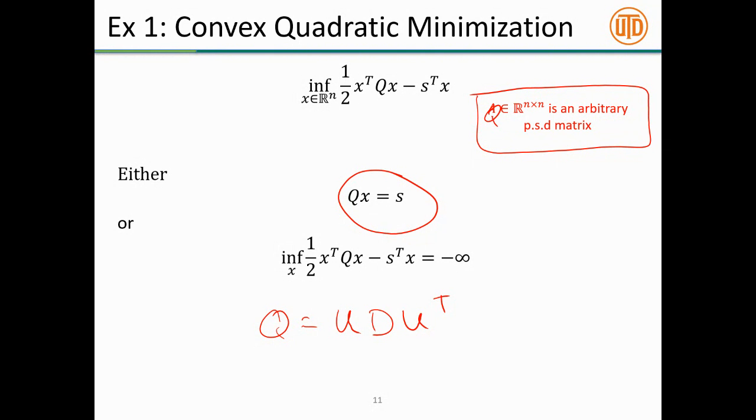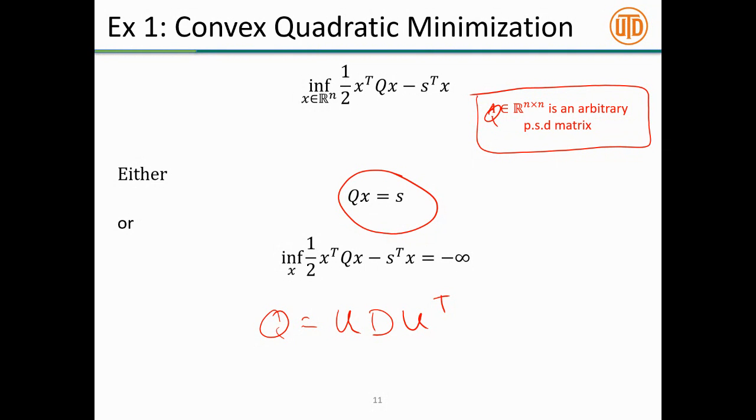So what does it mean that there's no solution to the system Qx equals S? Well, the only way that can happen is if S has some component along one of the eigenvectors of Q that has a 0 eigenvalue. Why is that the case?